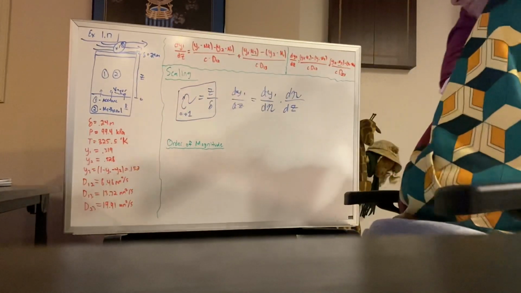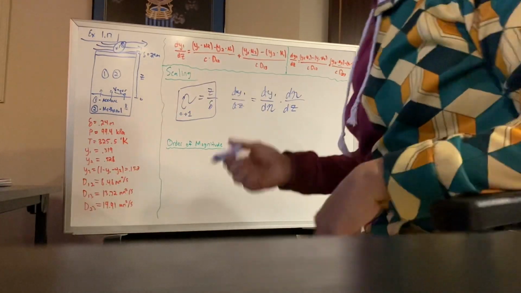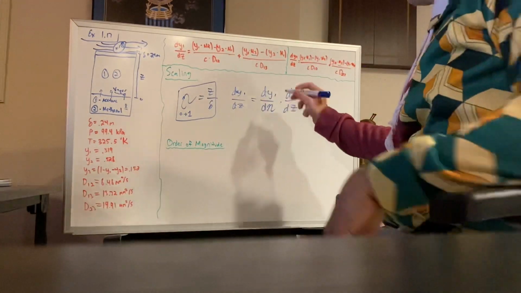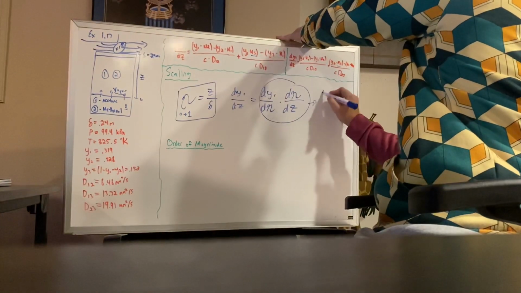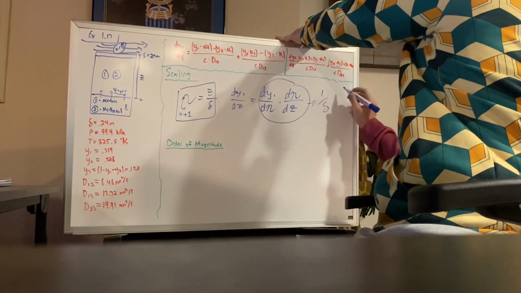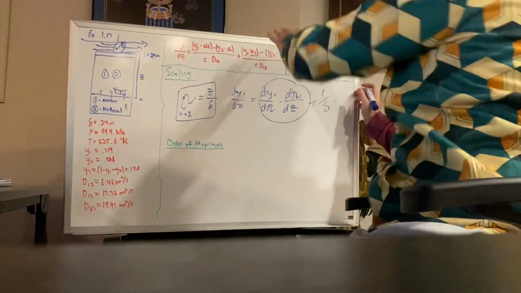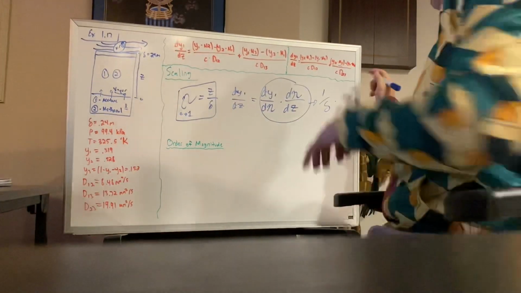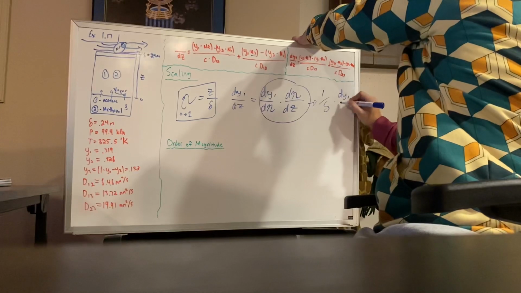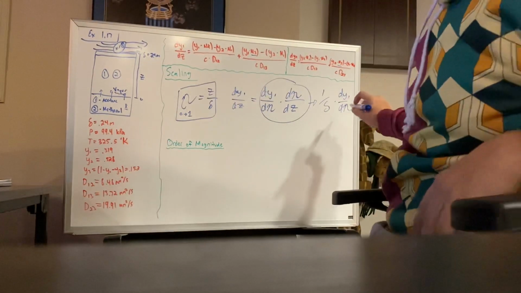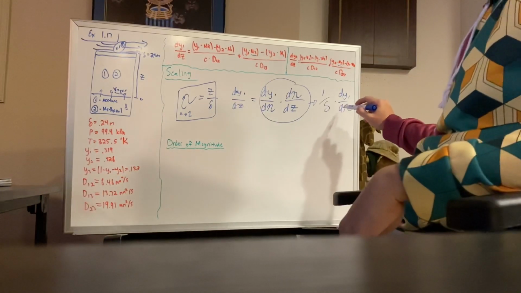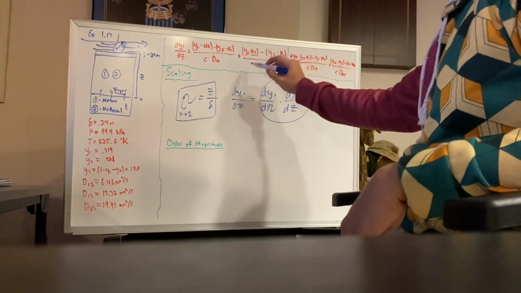Once we're given this, we can take the derivative of this part right here, and that will give us 1 over delta multiplied by dy1 over d eta. And so this right here is what we will want to put into our equations.